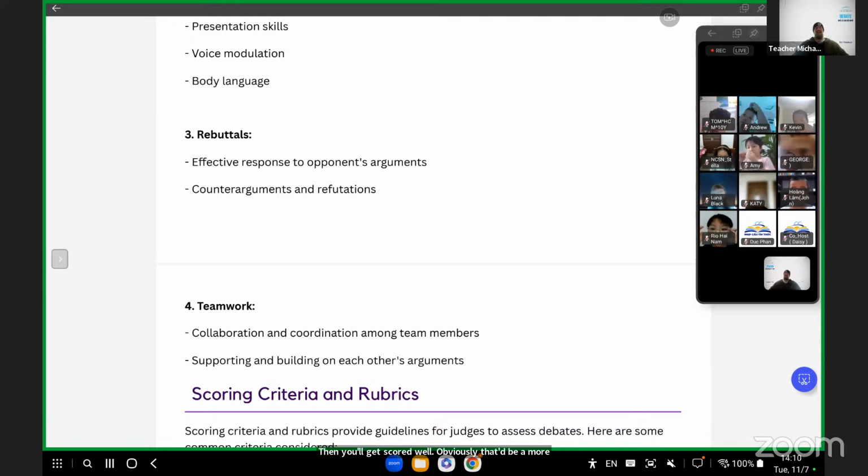And again, counter arguments and what we call refutations. Counter arguments are the same as the first point, being able to prove something that your opponent says is wrong or come up with a better point of view for it. And a refutation usually happens during the part of the debate where you get to ask each other questions.